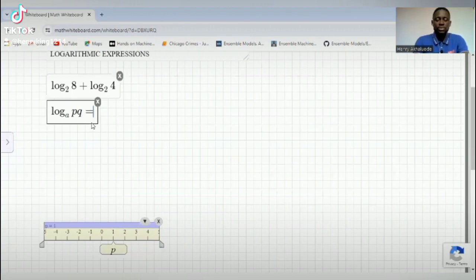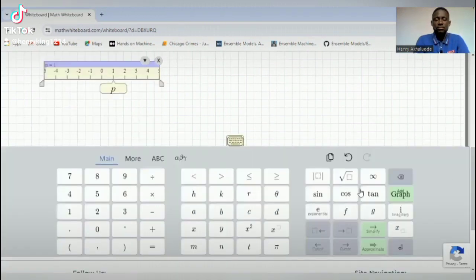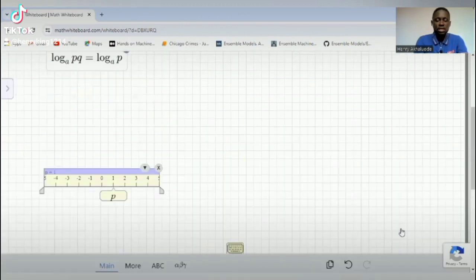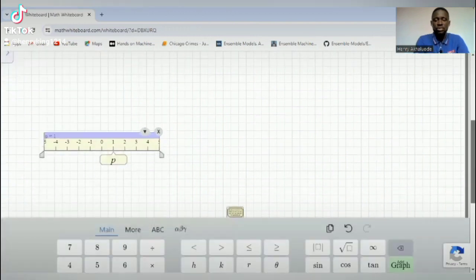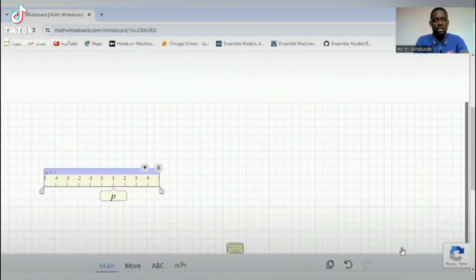Now, we said in our previous lesson that this will result in the individual logarithms in the same base: log P in base A, plus the logarithm of Q, also in base A. So let's put up the base there so we get it clear.